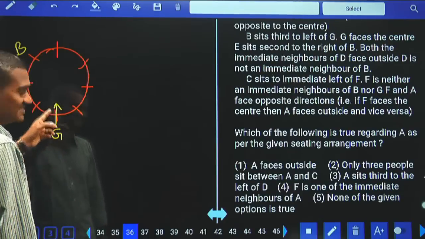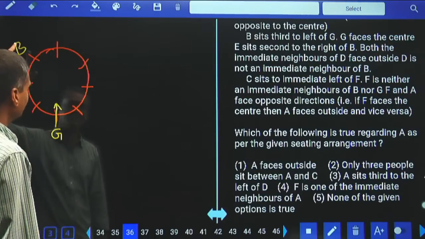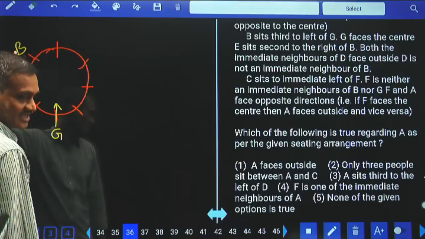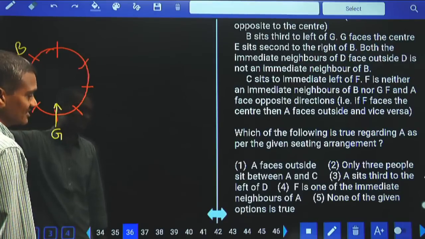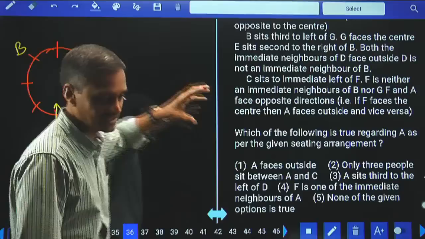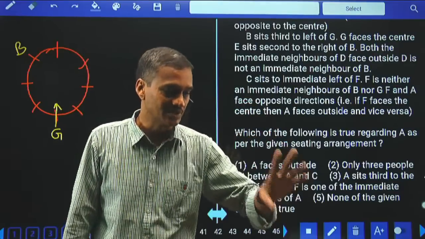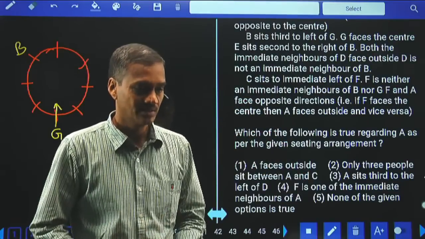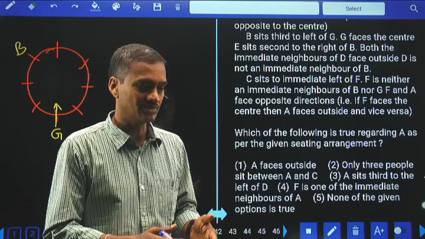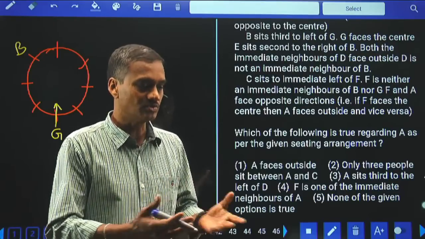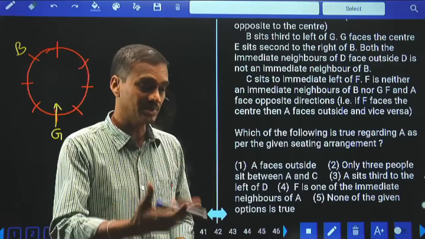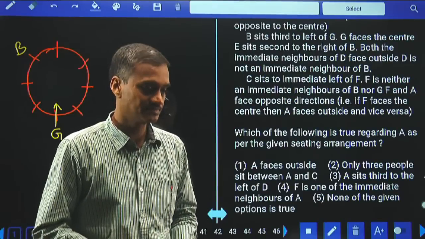Fine. Now G is facing the center. B sits third to the left of G. In the examination, this entire section you have to work out in just 20 minutes, lesser than 20 minutes. Because reasoning, if you take more than 20 minutes, there is no possibility for you to spend so much time on the quant.